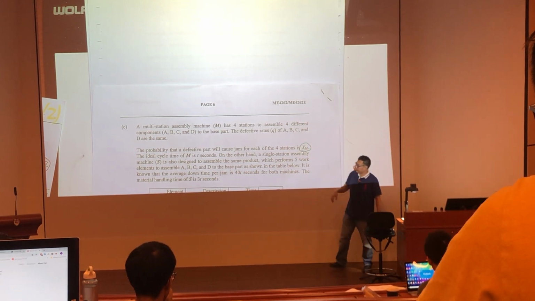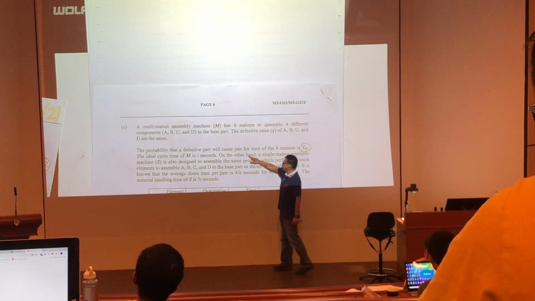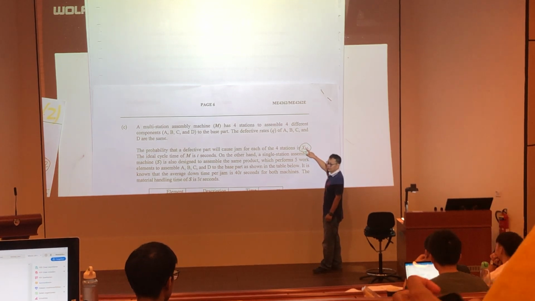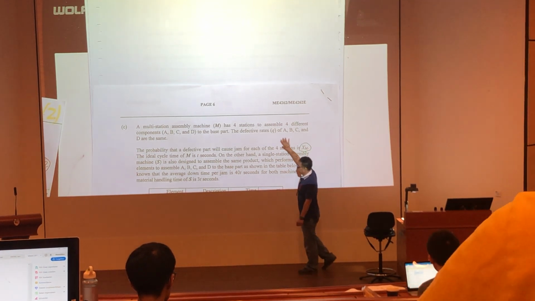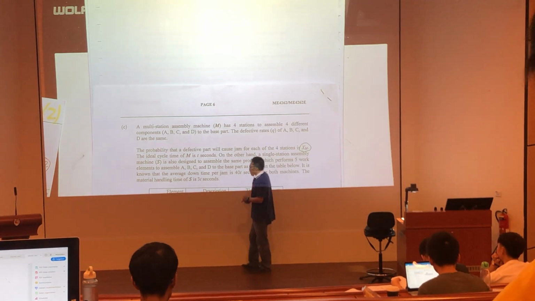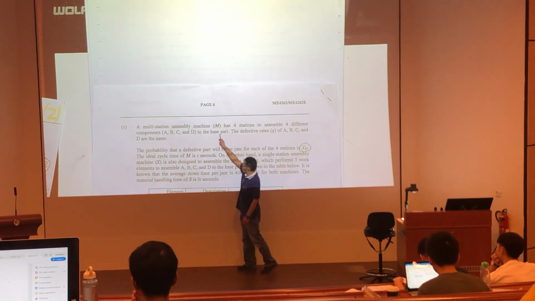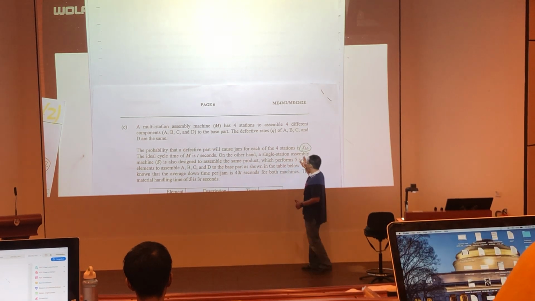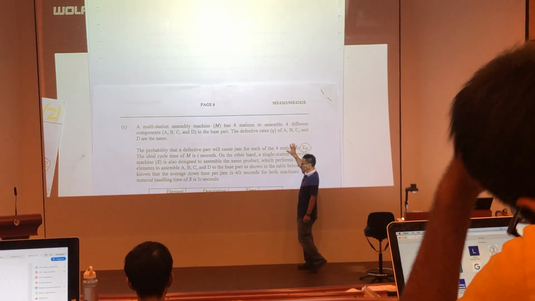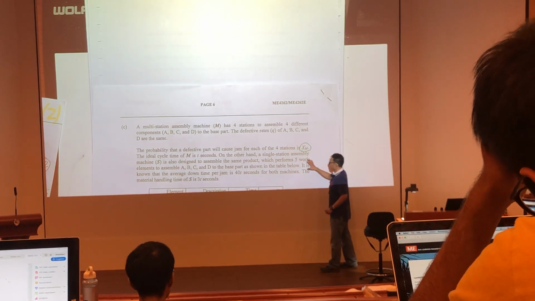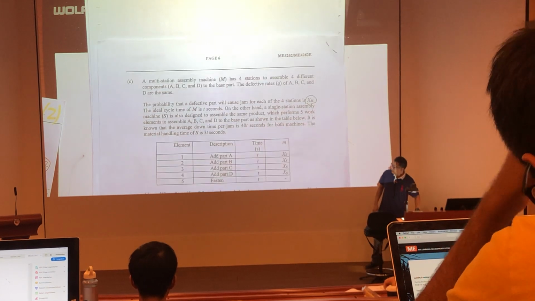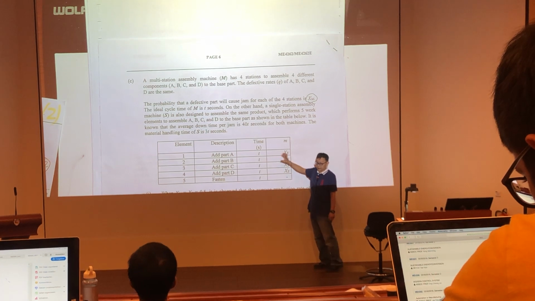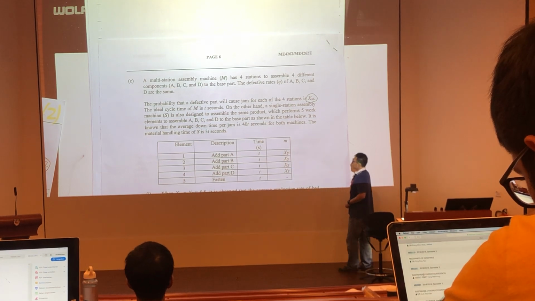There are 4 components A, B, C, D. The probability of a defective part causing a defective assembly for each of the 4 stations is M. Referring to this multi-station machine, the ideal cycle time of the multi-station machine is T seconds. On the other hand, a single station is also designed to assemble the same product and performs 5 work elements. And this is the description of the 5 work elements for the single station to assemble the same product.